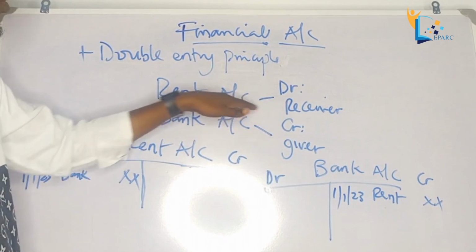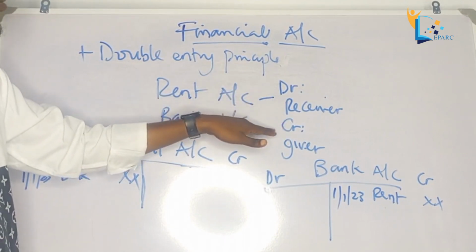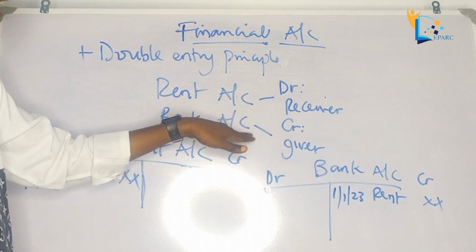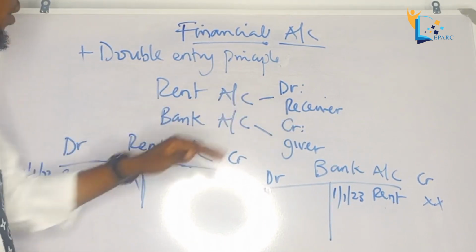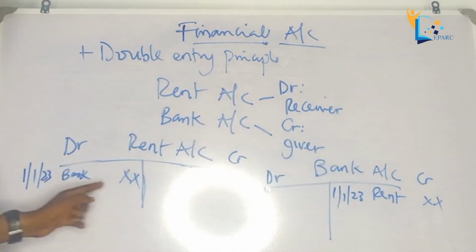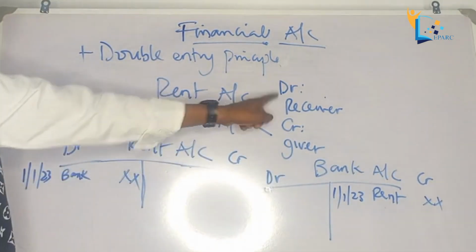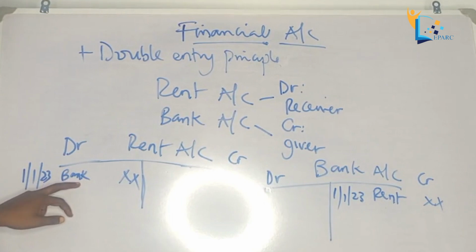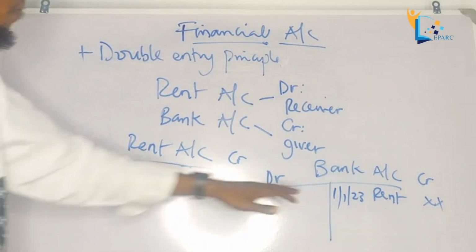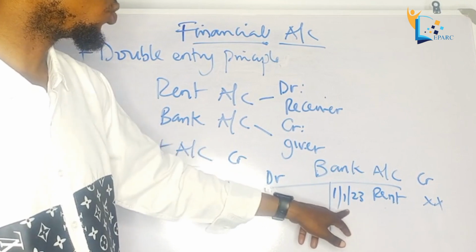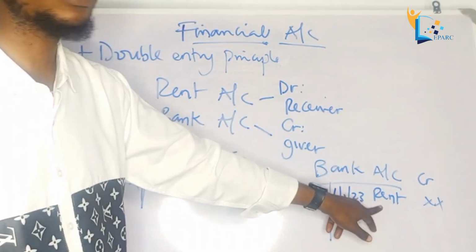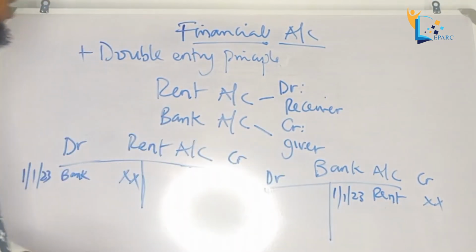You debit the receiver because rent is receiving, and credit the giver, because bank is giving out. So you debit the rent account using bank as the particulars, then you credit the bank account using rent as the particulars.